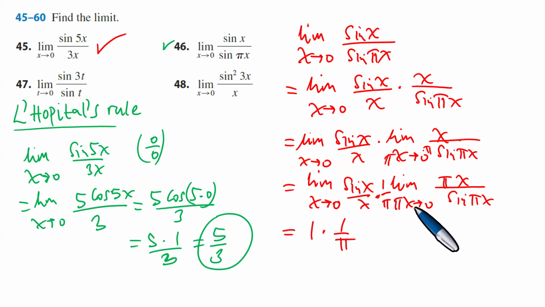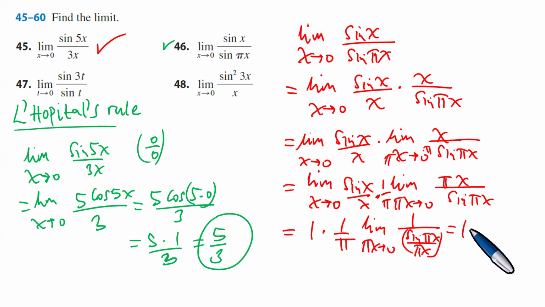And then this one here is 1 over pi, but you can still write it as the limit as pi x approaches 0 of 1 divided by the sine of pi x over pi x.